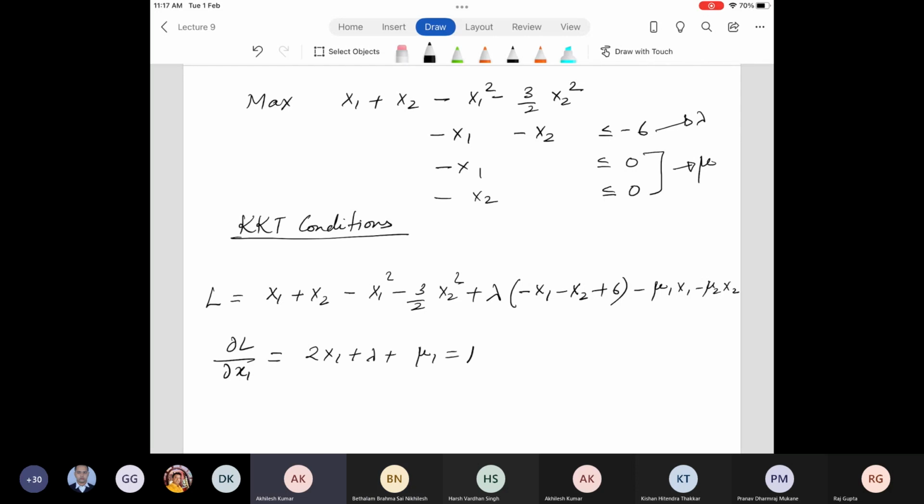Is this correct? Just check. Yes, sir. Del L by del x2: similarly, you will get 3x2 plus lambda plus mu2 equals 1. Fine.